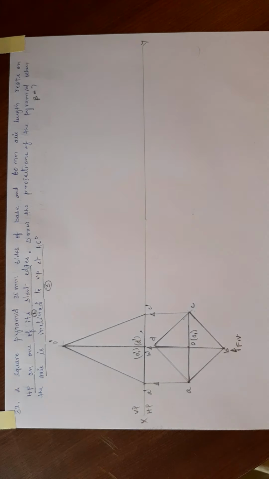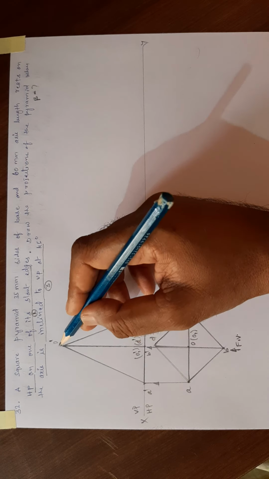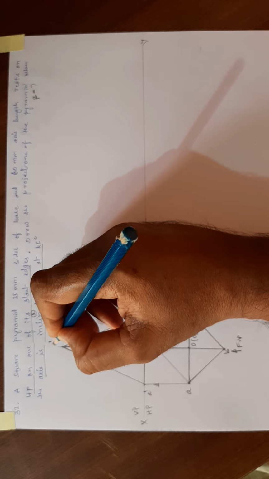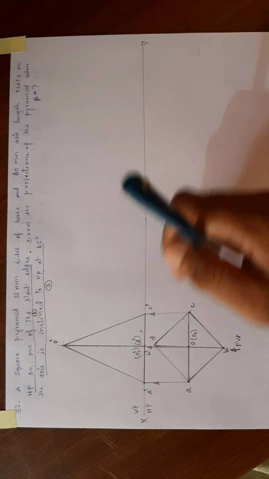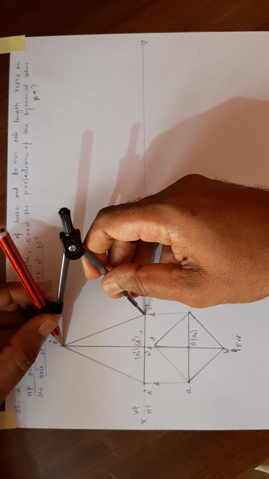Now this is the front view and top view. The next is the slant edge. Now see, C dash O dash is the slant edge resting on HP, meaning resting on the XY line. So that's why you take C dash O dash.